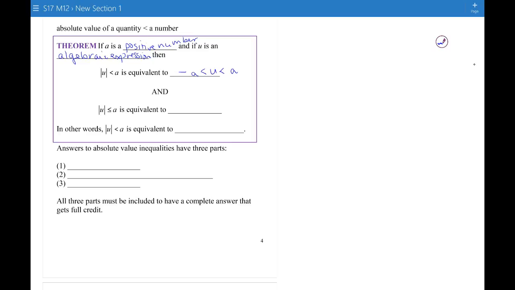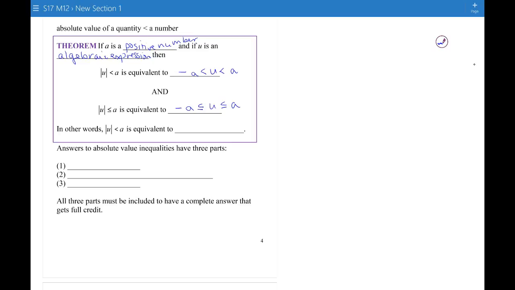So this should remind you of the previous section when we were solving this type of compound inequalities. And if you have the or equal to, the absolute value of u is less than or equal to a, then you put the or equal to symbols on the inequalities.